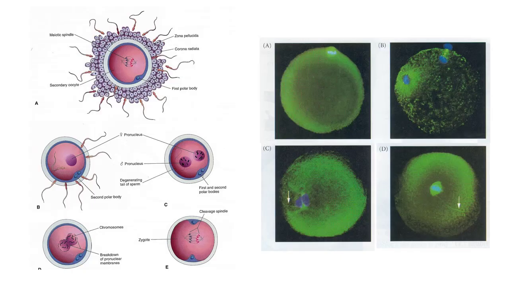So in this illustration, this is what it's going to look like when the male pronucleus and the female pronucleus have come together and we're starting to pull them apart. Let's go back down here. So here we have the female pronucleus, the sperm comes in, we replicate, and there's the male pronucleus.